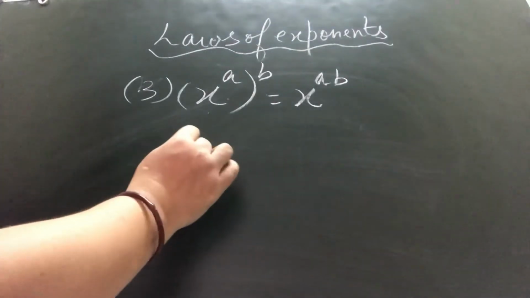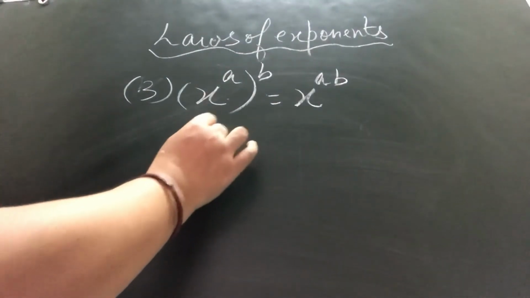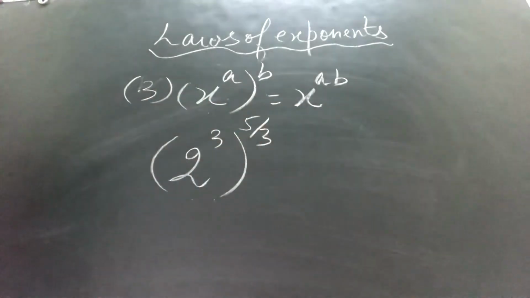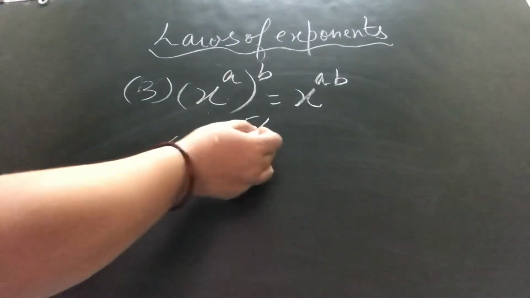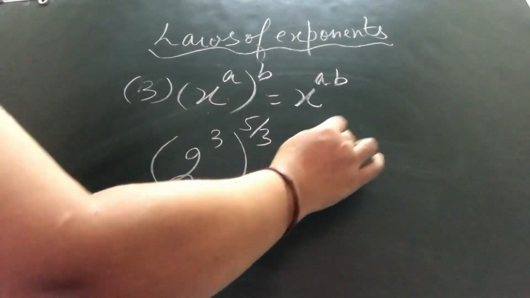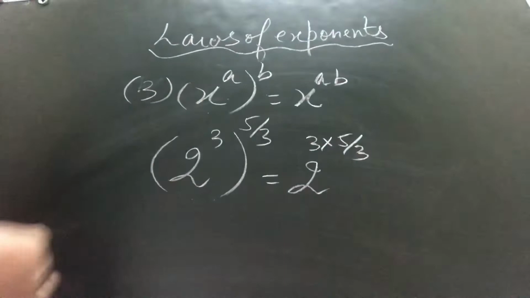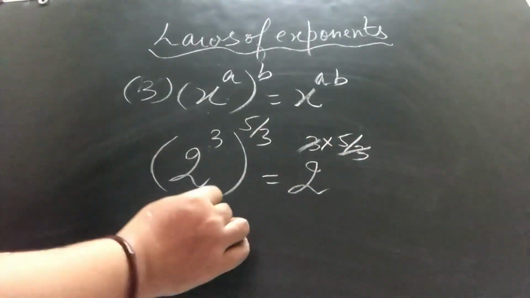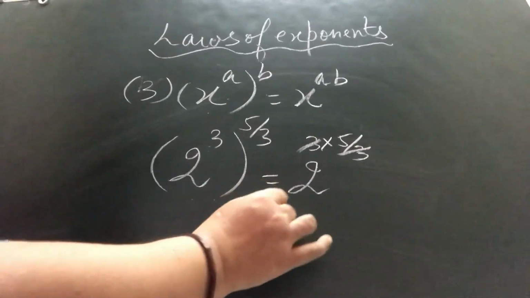See, 2 raised to the power 3 and further we have another power, then powers multiply each other. So we have 2 raised to the power 3 into 1 by 3. Powers multiply हो जाएंगे. 3 cancel out with 3 and you have 2 to the power 5.